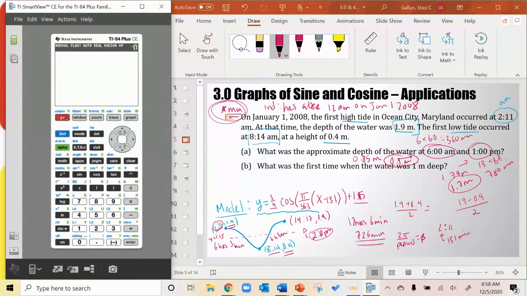So I'm also going to go ahead right now and put my model into y equals. So I've got 3/4 ... x minus 131. And before I graph it, I'm going to change the window because we can think through what the situation is, right? Remember my x is in minutes.